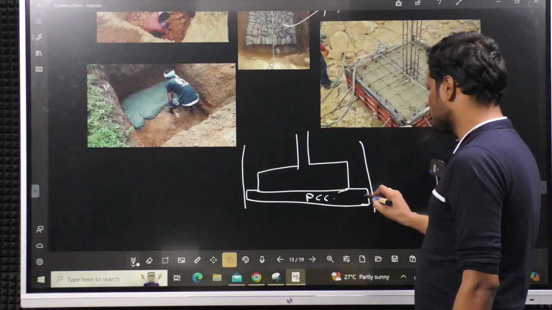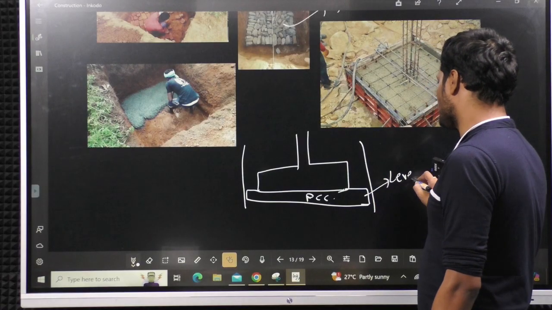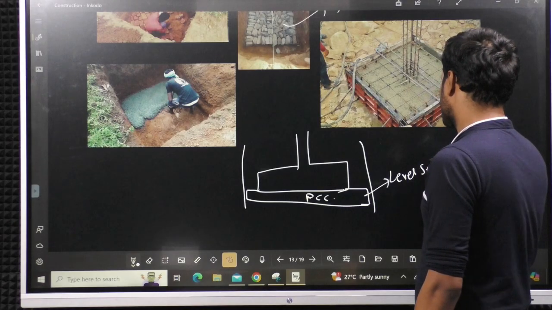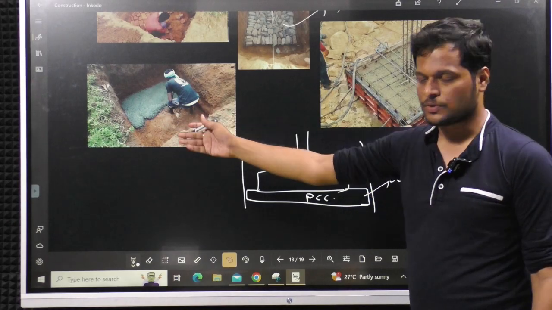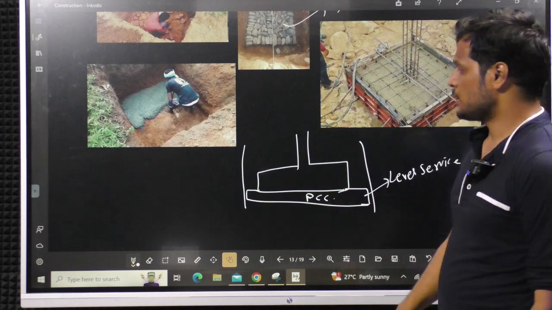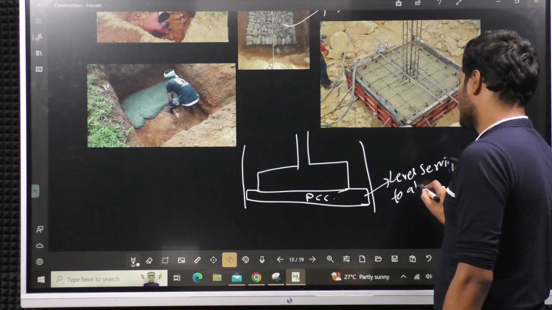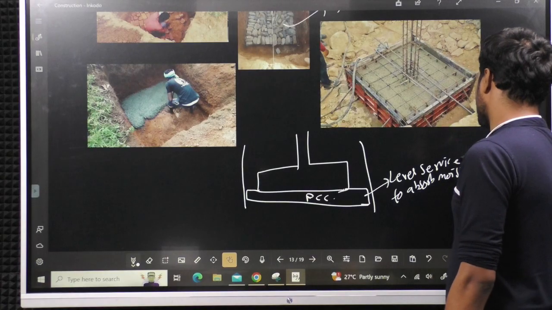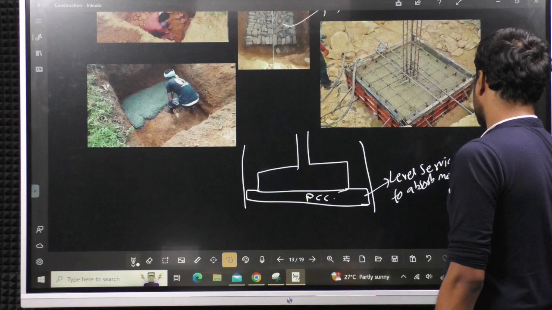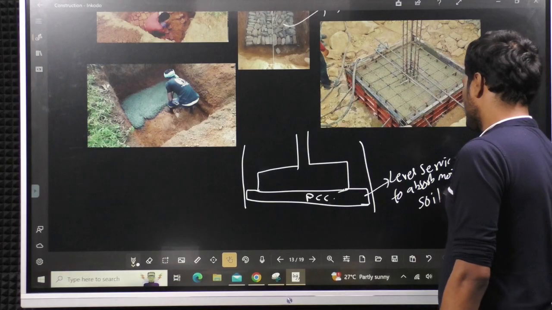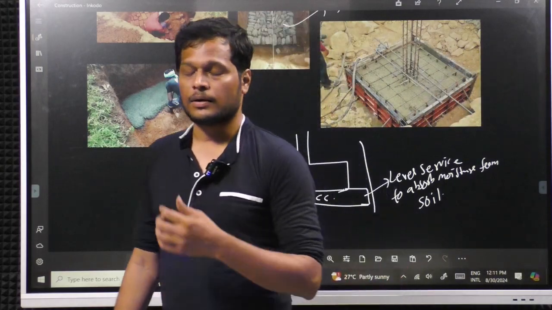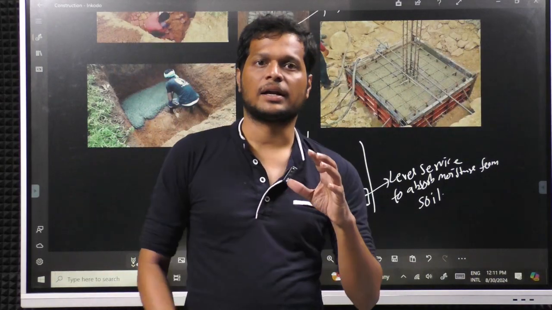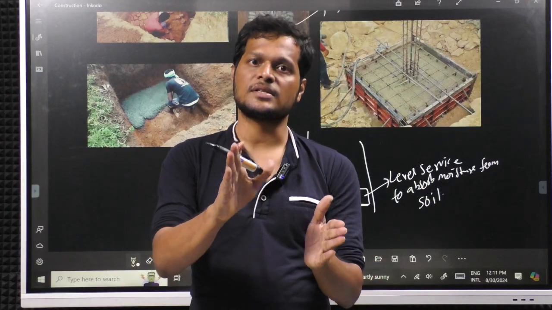The purpose of this PCC is, one thing, to give a level surface, just like what soling is doing, and another most important thing is to absorb moisture from the soil. This is the main reason. Whenever a concrete work is coming in contact with the soil, there will be a PCC.